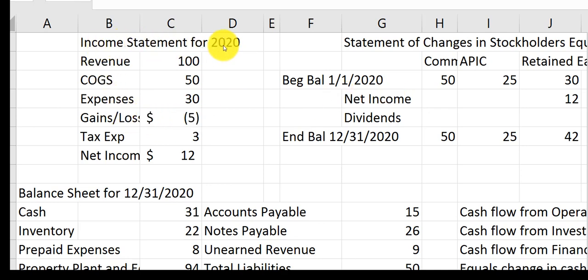Notice that this is for a period of time, so it's for 2020, so that would be that it starts on January 1st and runs through December 31st of 2020. That means that this is a measure of the revenue that has been earned during that time period.